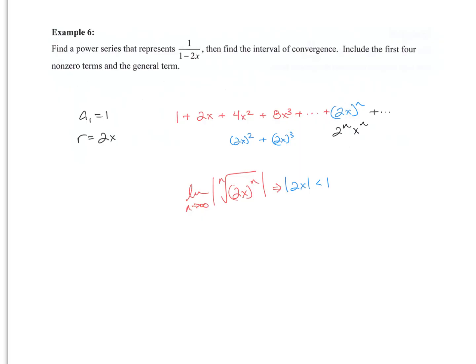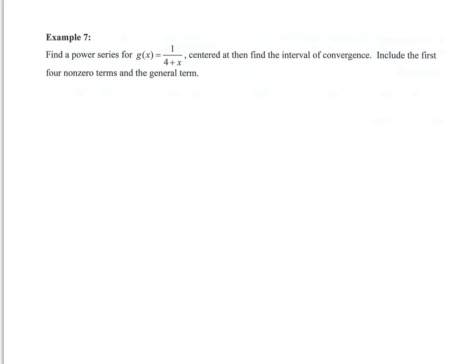And so this is really absolute value of x, which is less than 1/2. And so, again, I'm centered at 0, but now what's my interval of convergence? -1/2 to +1/2.